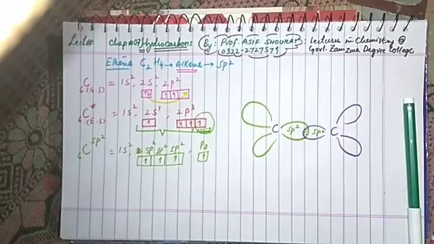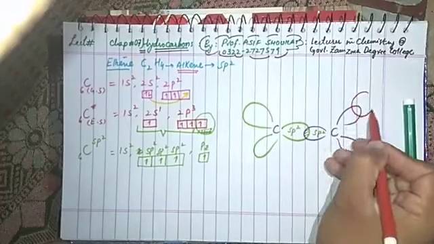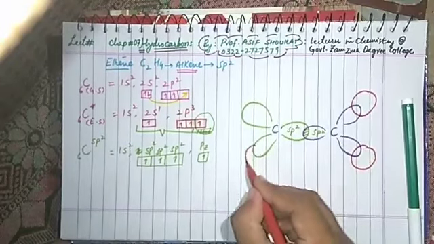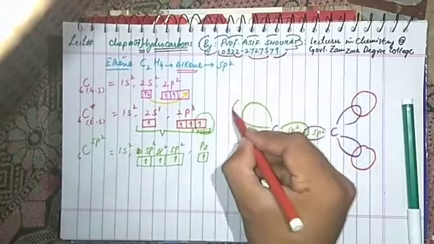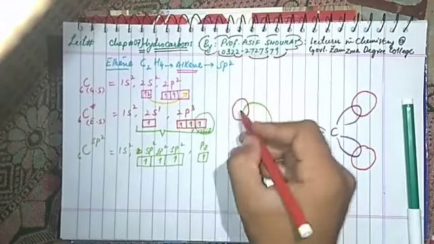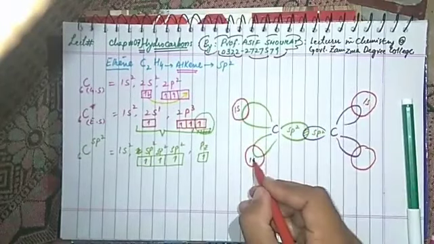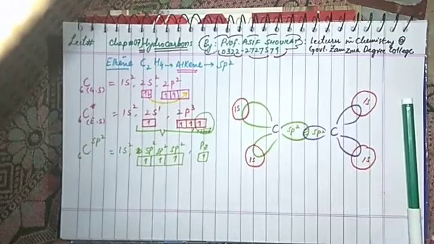Now, what about these 4 corners? 1, 2, 3 and 4. Each corner is making a sigma bond along with the 1s orbital of hydrogen. You may write 1s or you may write hydrogen.